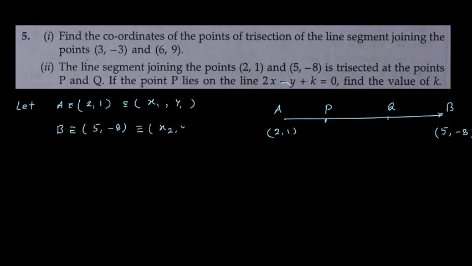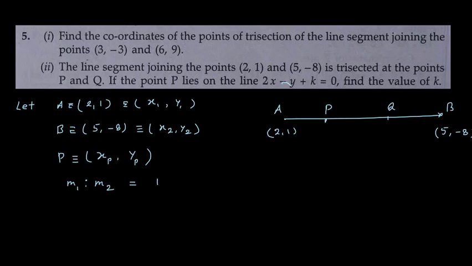For point P, let us consider this as xp comma yp, and the ratio m1 to m2 is 1:2.